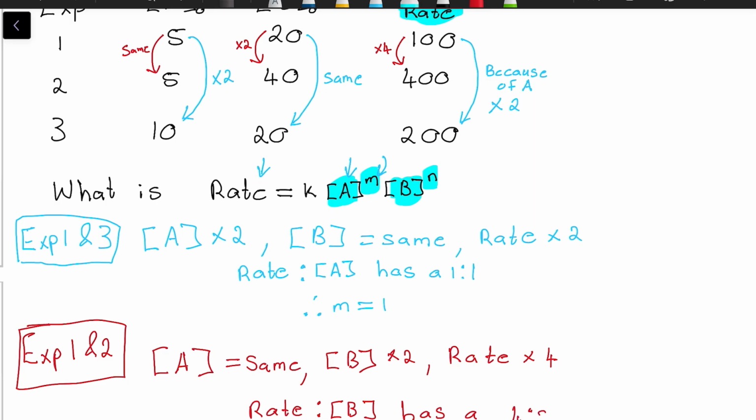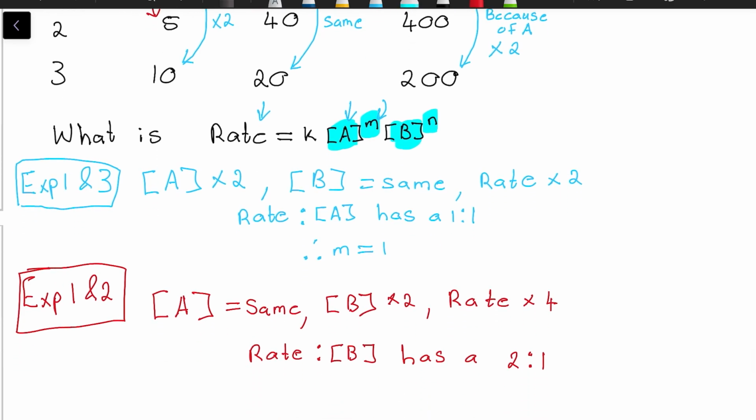It has a 4-to-2 relationship because it's rate to B. So that means it has a 2-to-1 relationship. And the only way then that the rate will be 4 if I write a 2 here is if I have 2 to the power 2.